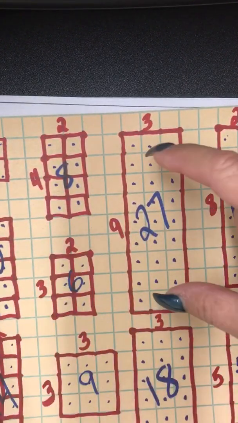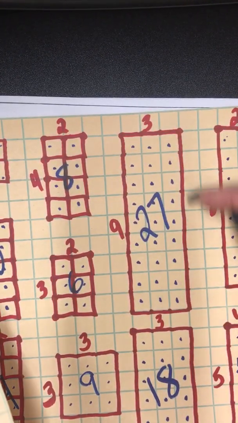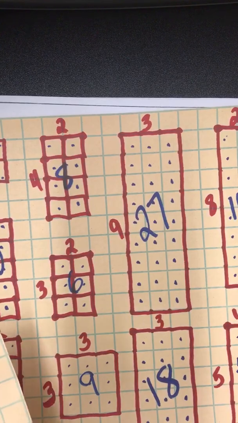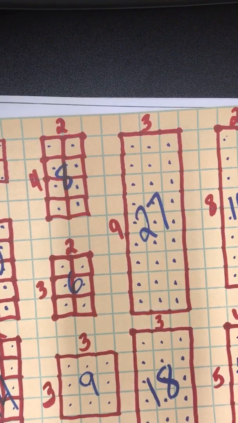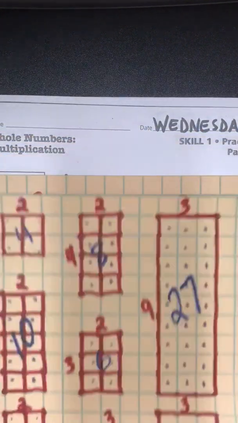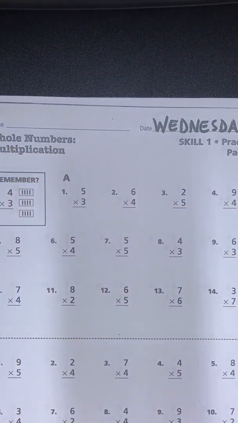And then knowing what the answer is, the number of squares in this inside area should match. So that was a way for us to check ourselves, double check, and make sure that we got it right. Today we're going to take it a step further. We're going to take it to the next level.